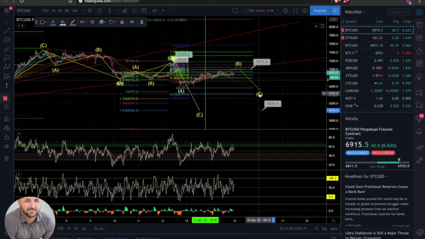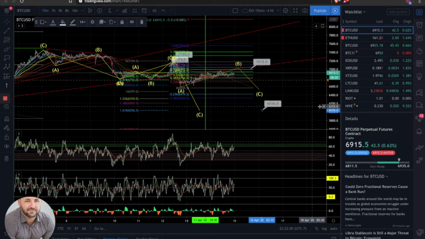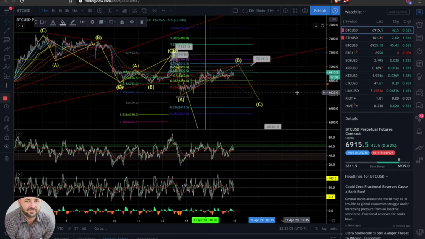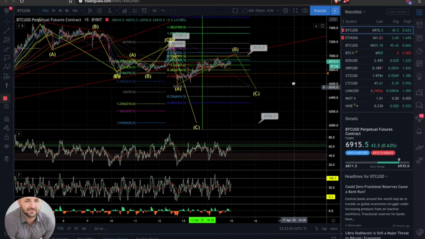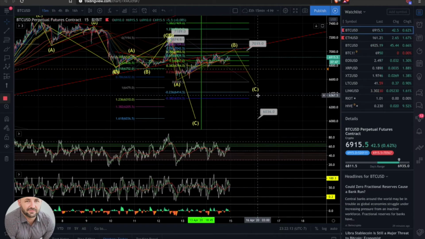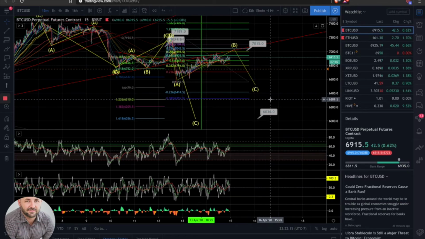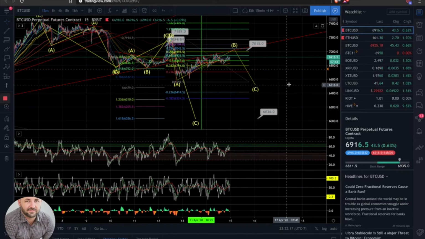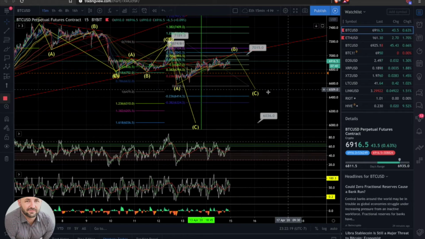It can be a little further back than that in regards to what the extension will look like, because there are certain pivot points and fibs we would hit on the way down, such as the 1.236, 1.32, and so on and so forth. So it'll be key to pay attention to what the wave structure is coming down, and then that'll give us a better idea of our targets.